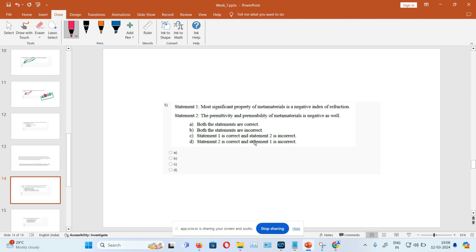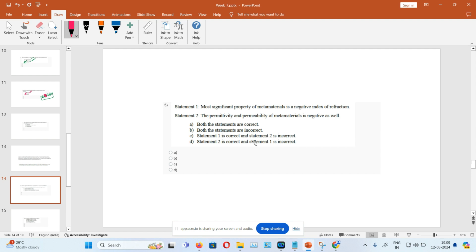Now, in the last lectures, different properties of metamaterials were discussed, and we will see a statement. Most significant properties of metamaterials are negative index of refraction. Metamaterials are engineered structures, and one of their main properties is that they have a negative refractive index.